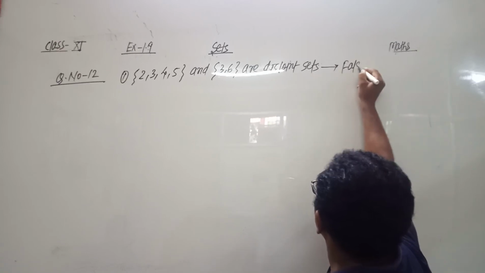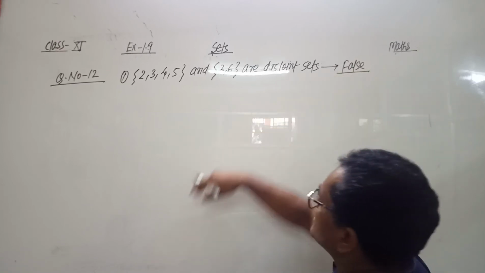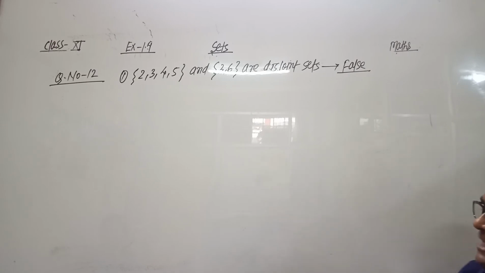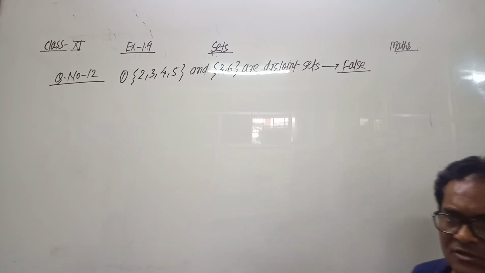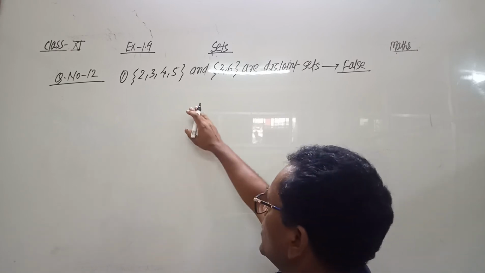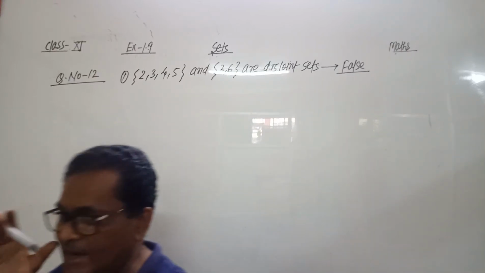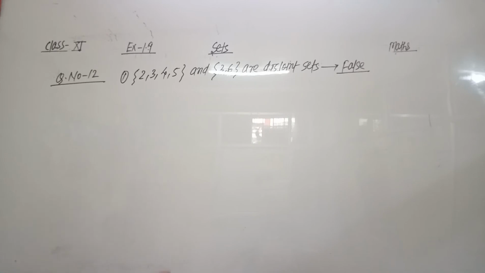This statement is false. And why is it false? Because the element 3 is common in both the sets. And for disjoint sets, there should not be any element common.